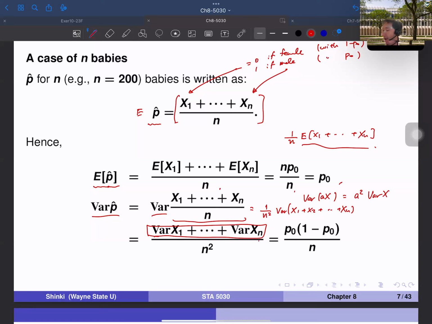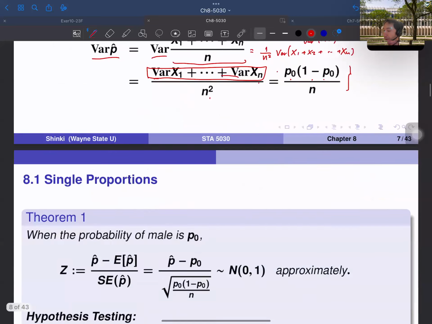And x1 to xn are all binary random variables, either 0 or 1, equal to 1 with probability p0. So everything is the same as the variance of x in the previous page. So we have n times p0 times 1 minus p0. And 1 over n squared cancels with this, so we get this. So this is variance.